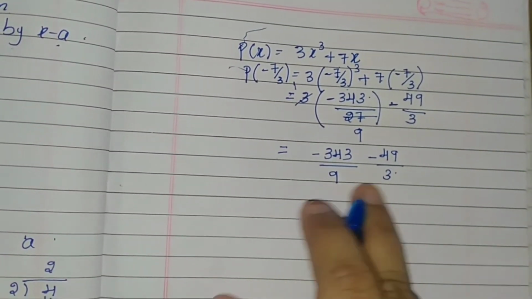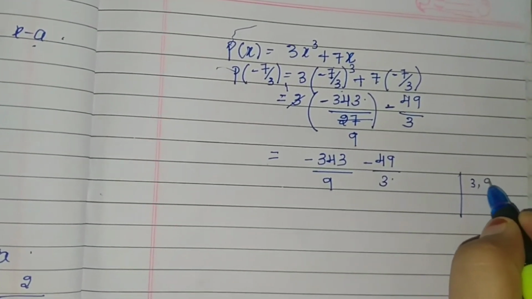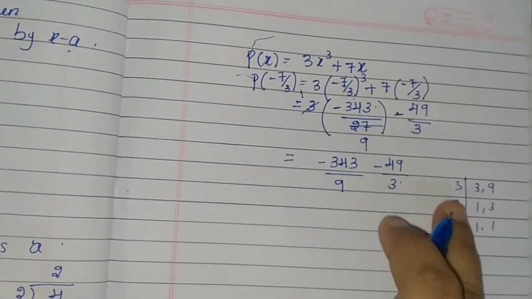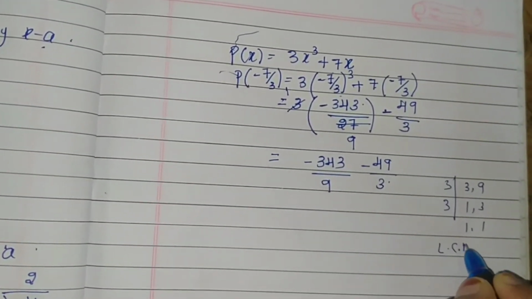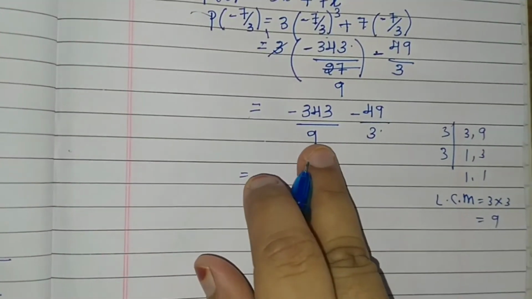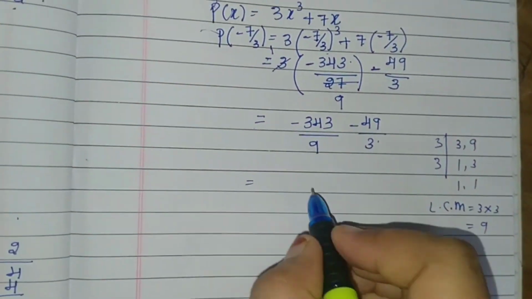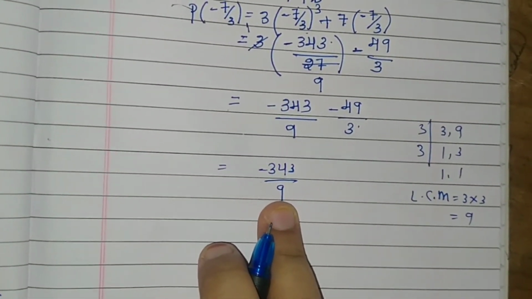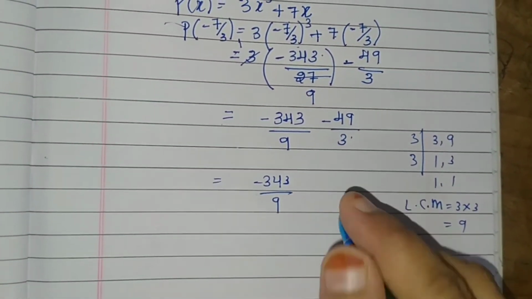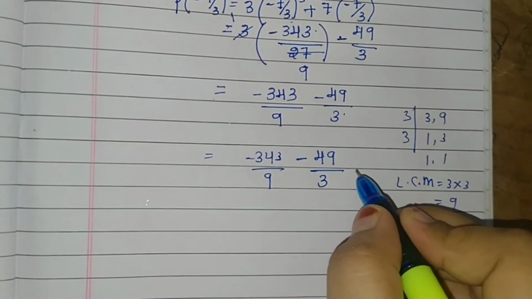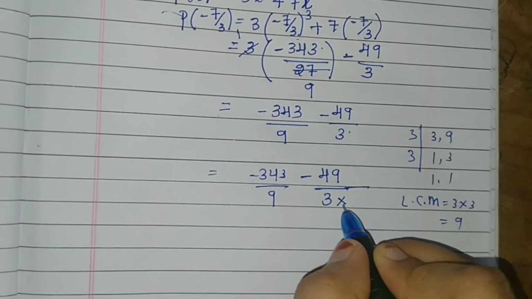So now the LCM of 3 and 9 is nothing but 9. Okay. So you have to make the denominator 9 now. So minus 343 divided by 9. Here the denominator is already 9, so no need to change. Minus 49 divided by 3. So what you have to do? You have to make the denominator 9.